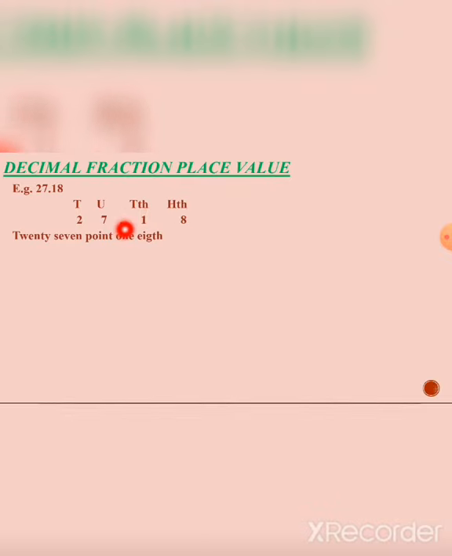And always start giving the place value to the number exactly after the point. As we start from unit, so from after the point we have to start from that same number, meaning the 1. So the place value is tenths and hundredths. And we will read the number as 27.18.